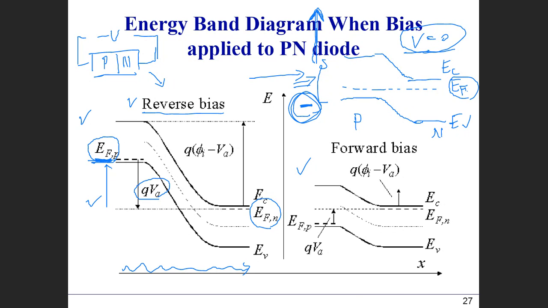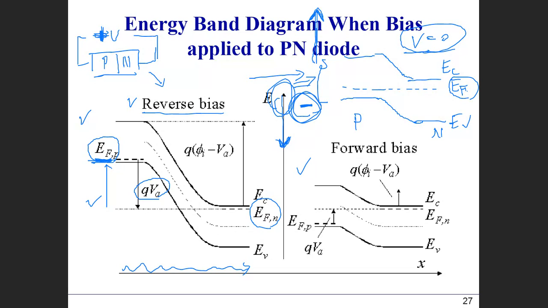If we apply the forward bias, as you know, the potential on the P side is going to be positive. So when you apply the forward bias on the P side, your energy in the P side is going down.